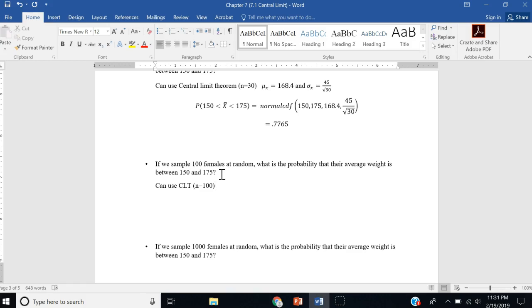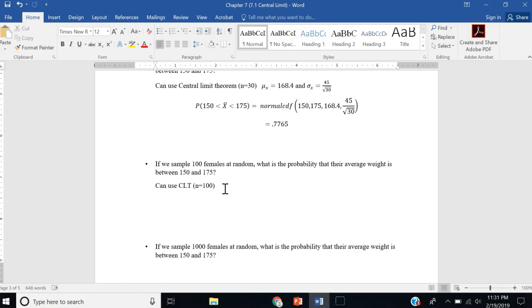And if I have original data that's normally distributed, then I can work with any n. So here's what we do. We can use the central limit theorem.